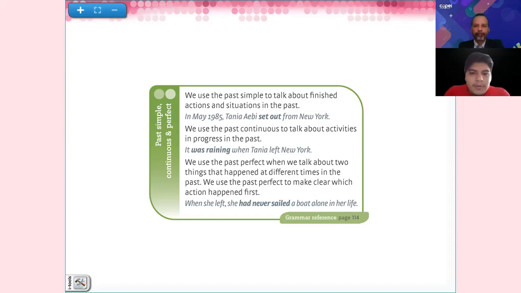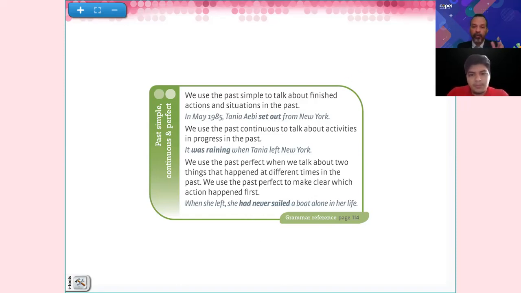We use the past perfect when we talk about two things that happened at different times in the past. We use the past perfect to make clear which action happened first. When she left, she had never sailed a boat alone in her life.